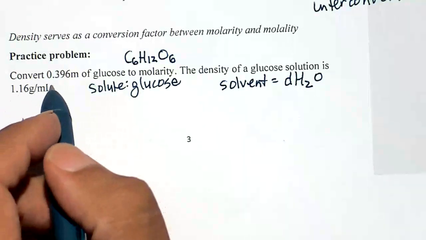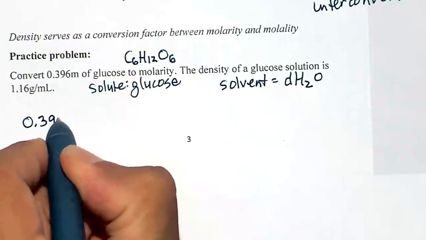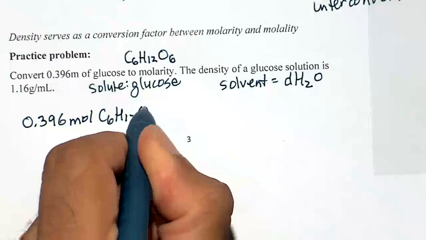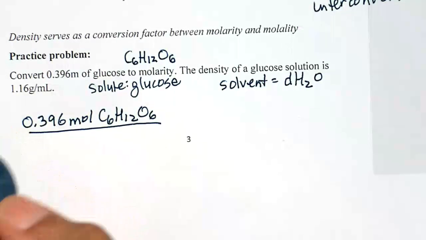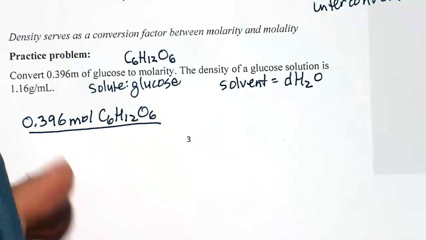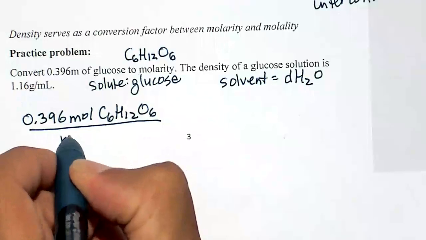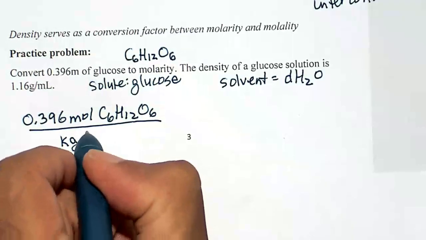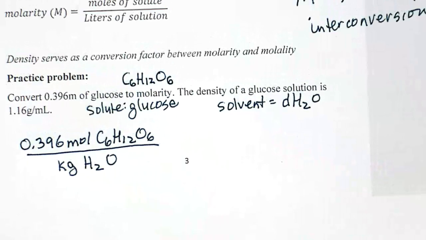What does 0.396 molal of glucose mean? It means 0.396 moles of glucose per what? Not per liter, that's molarity. So it's per kilogram of water. We'll assume water is our solvent. Are we okay with that?